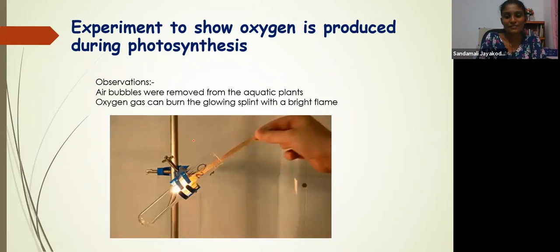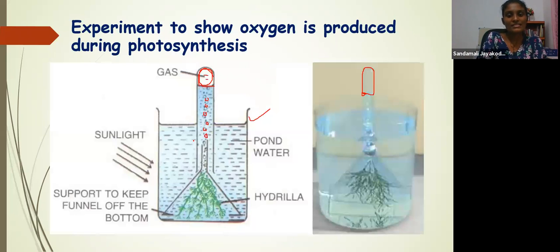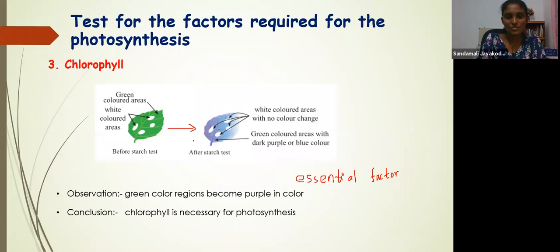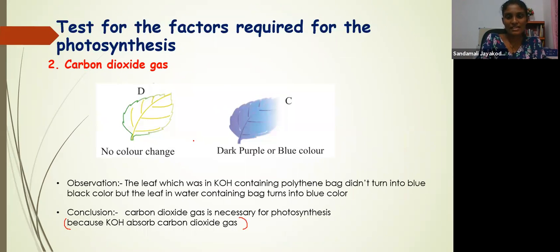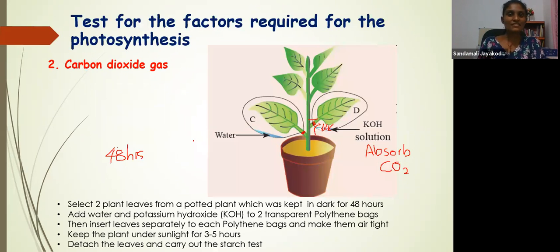I was asking you, what is the chemical compound we used to absorb carbon dioxide gas when we were testing whether carbon dioxide is essential or not for photosynthesis? Here, what is this chemical? Can you see this?